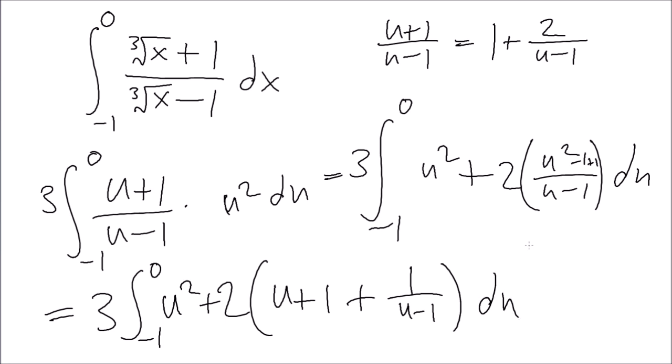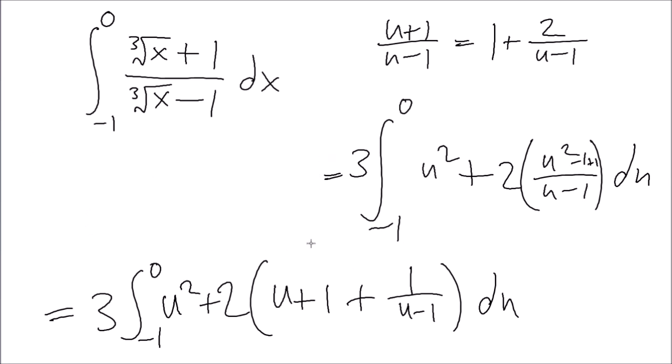Alright, this is much easier, and the reason is because this is just u squared, and this u squared, it's easy for you to maneuver. That is why. Let me go ahead and make more room for myself.